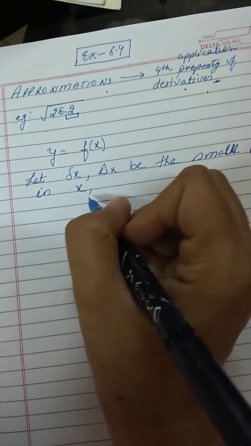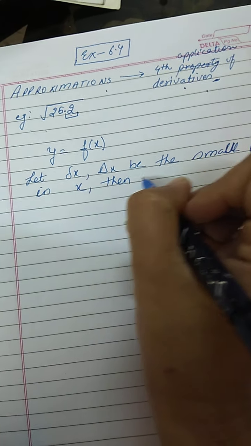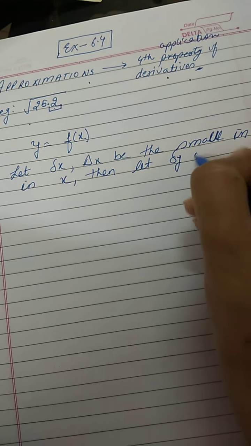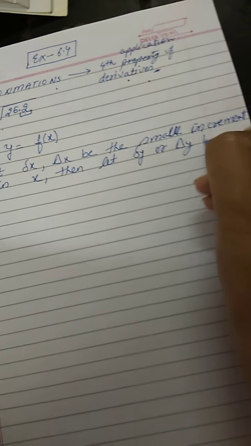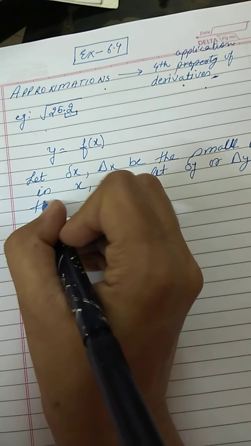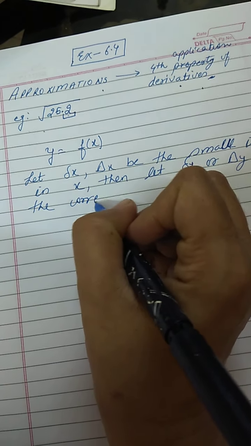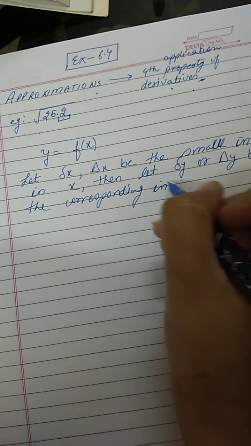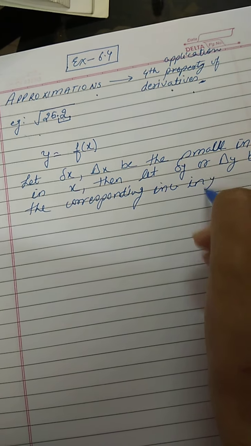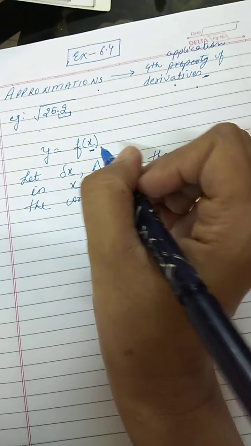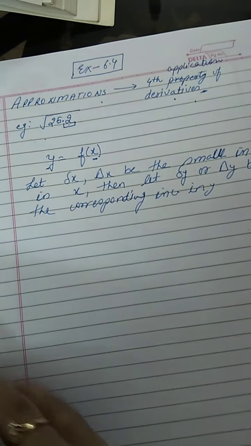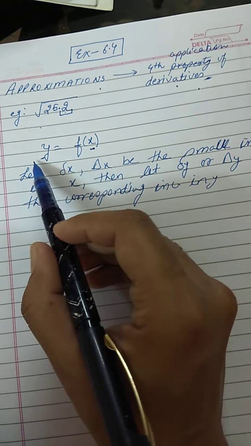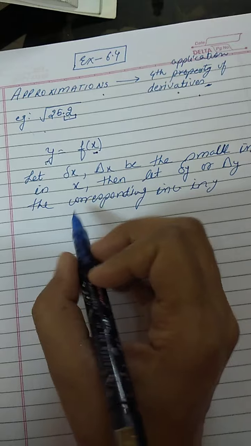Then let del y or delta y be the corresponding increase in y, because as x increases or decreases, this y will correspondingly increase or decrease, because x is an independent variable and y is a dependent variable.